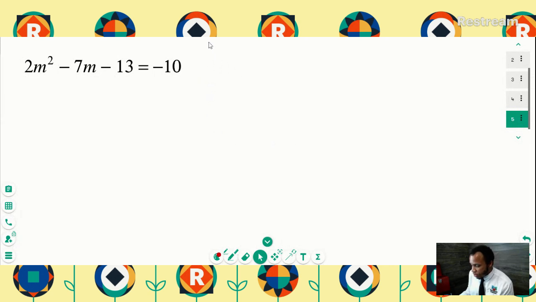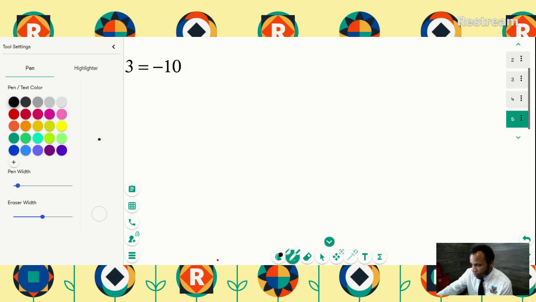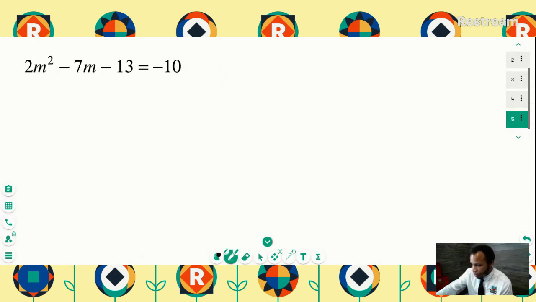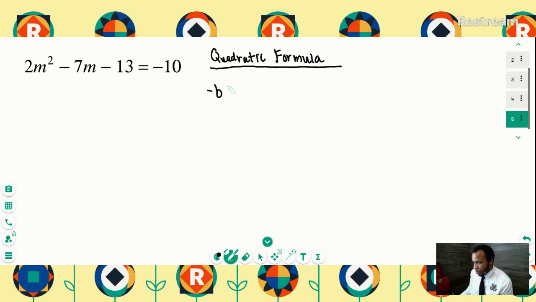So the quadratic formula is negative b plus or minus the square root of b squared minus 4 times a times c, all over 2a.